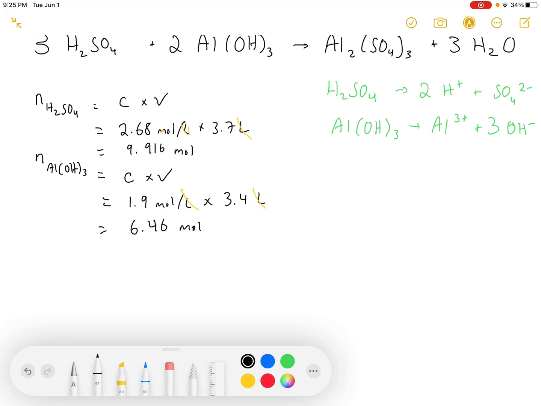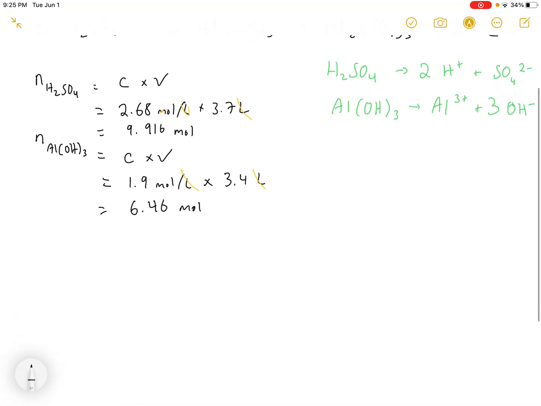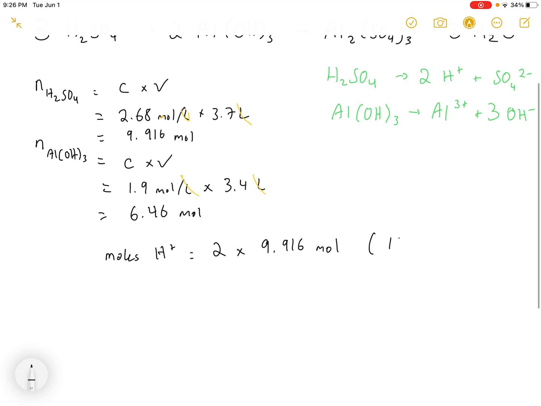So for sulfuric acid, the moles of H plus is 2 times the moles of sulfuric acid, because there's a 1-to-2 ratio of sulfuric acid to H plus, and that's going to give us a value of 19.832 moles.